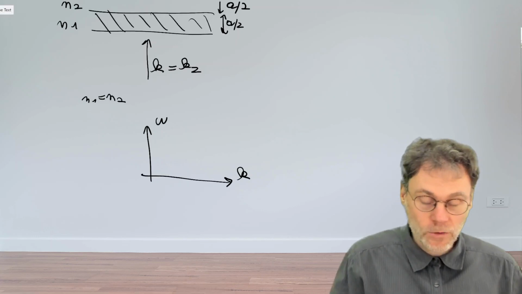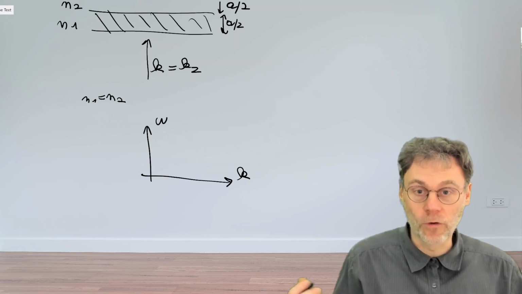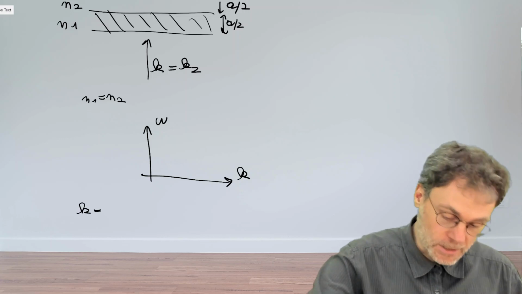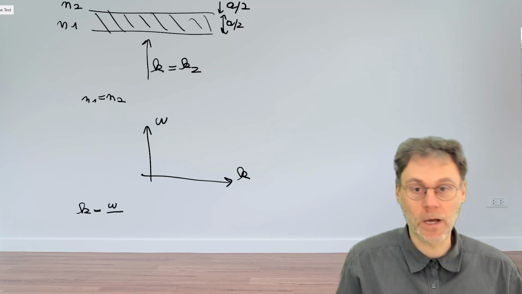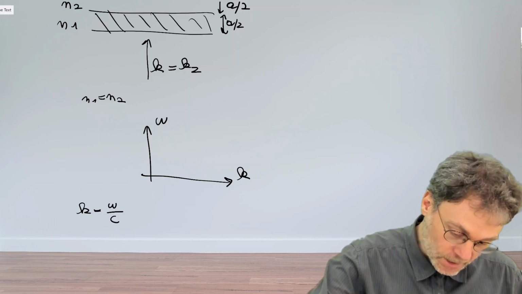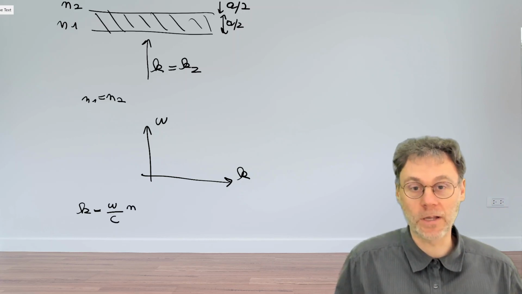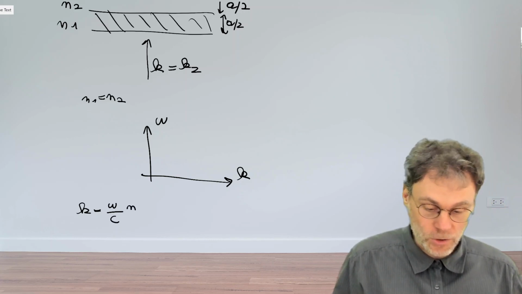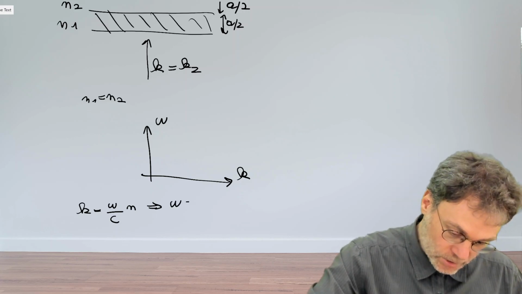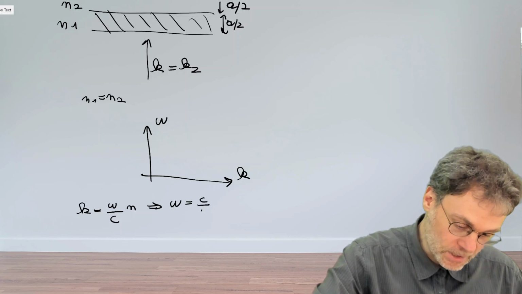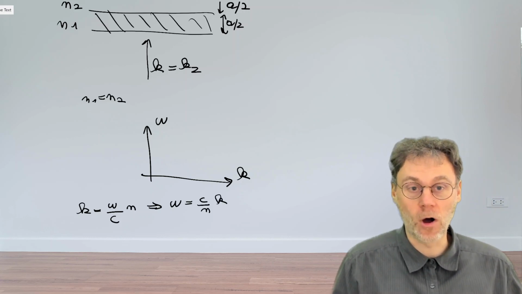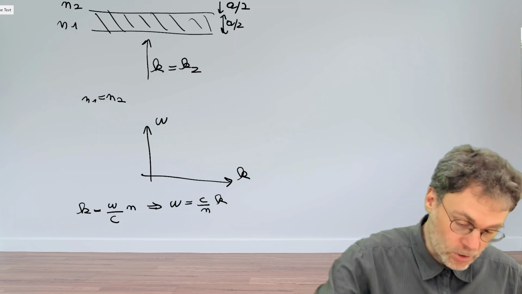So we know from Maxwell that if we're dealing with uniform media, the wave vector K is equal to omega divided by the speed of the wave, and the speed of the wave is the speed of light divided by the refractive index of the material. So if we rearrange this to get omega as a function of K, we get omega equal to c divided by n, times K. This is the relationship between omega and K, and it will give us our band diagram.